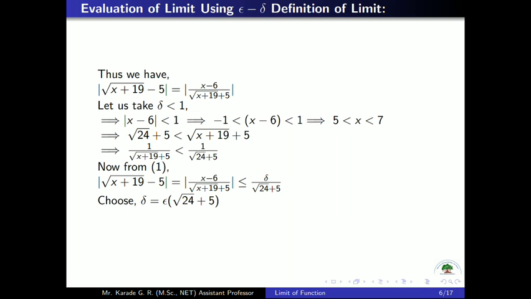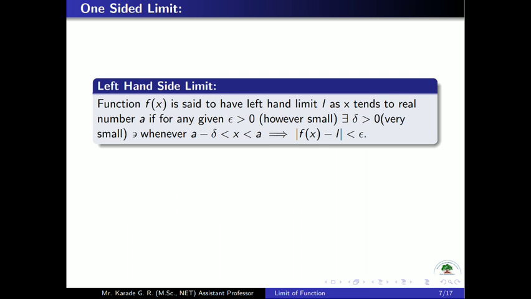Let us choose delta equal to epsilon into square root of 24 plus 5, and finally we get mod of square root x plus 19 minus 5 is less than epsilon. Thus we prove that the limit of the given function is 5.